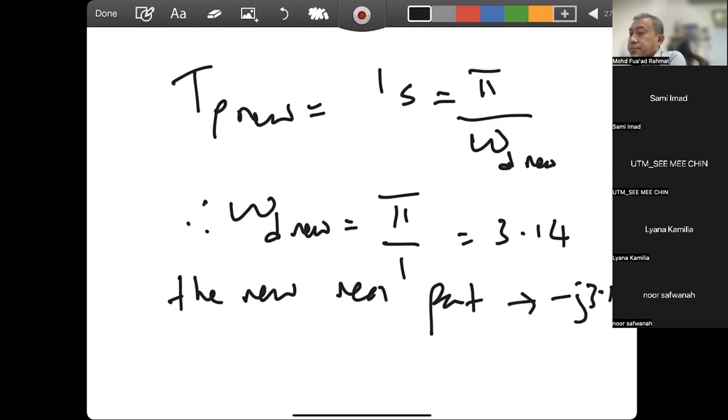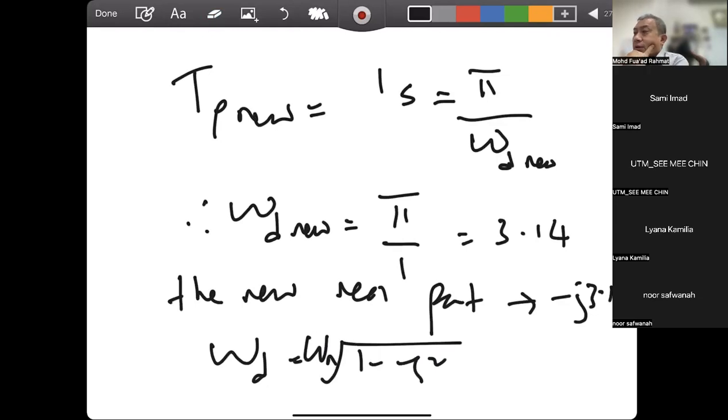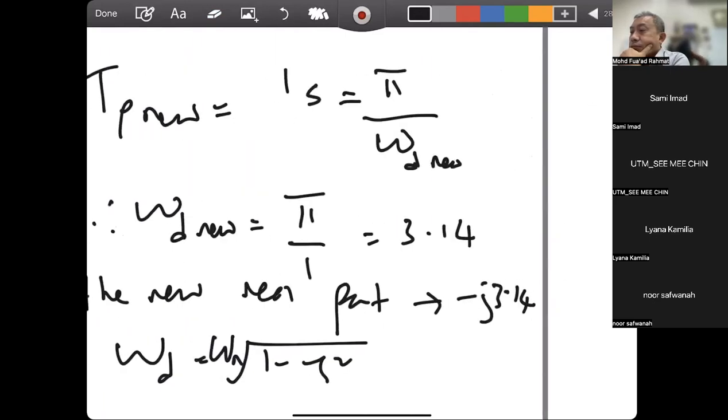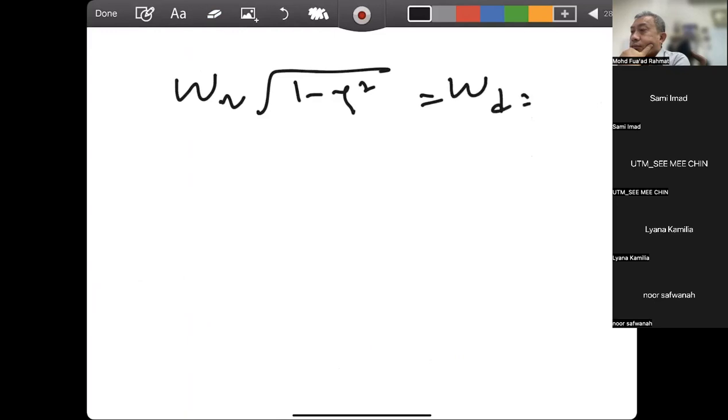Then we know that omega d is omega n times the square root of 1 minus zeta squared.